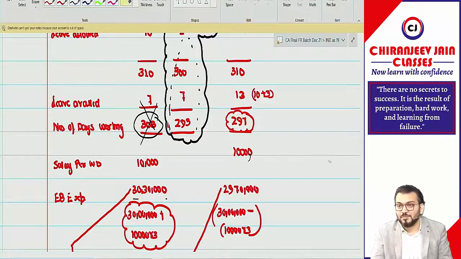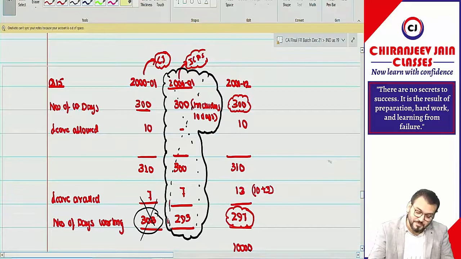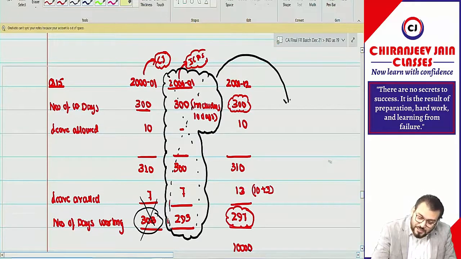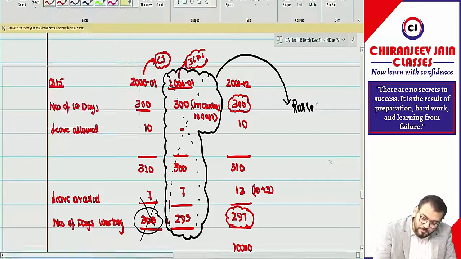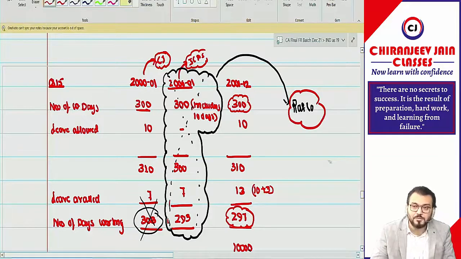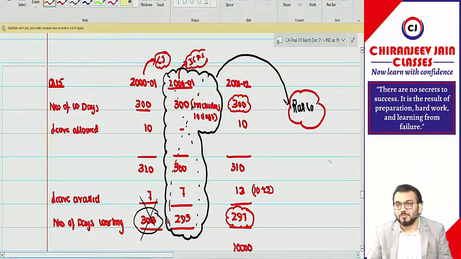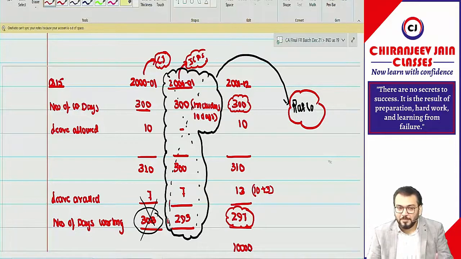What should I do? Tell me. Have you understood my solution? Then what? Memorize this working. Do some rectification. Means I have the concern about marks.